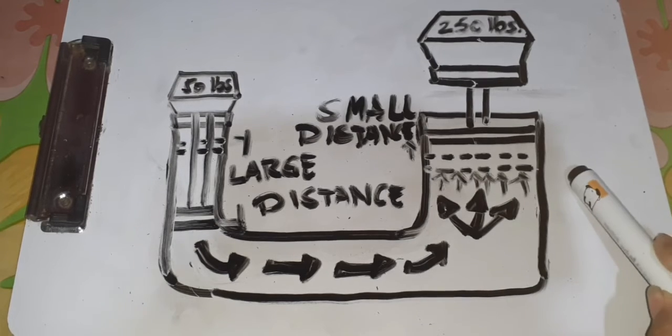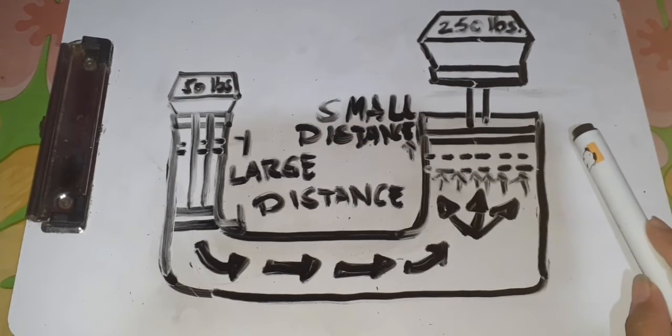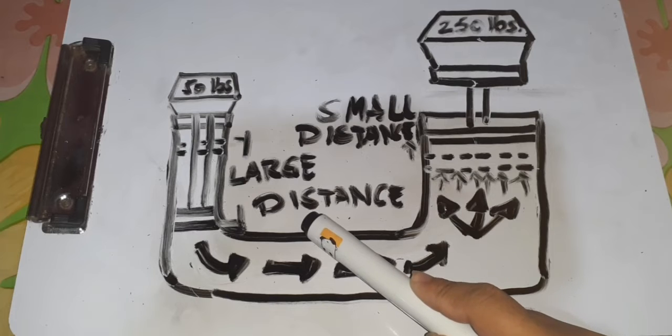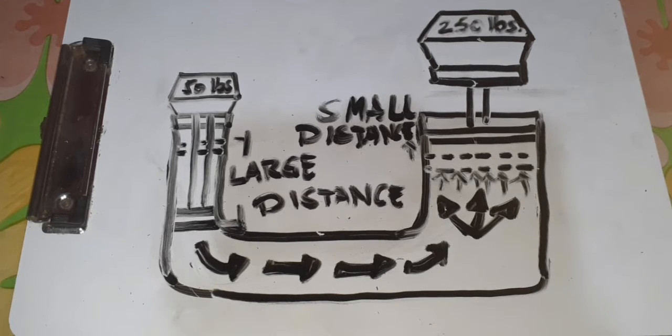So by the way, this is the input piston and this would be the output piston. The input piston would move down and displace the liquid, which would move the output piston upward. So the 50 pounds weight on the input piston will just lift the 250 pounds weight on the output piston.